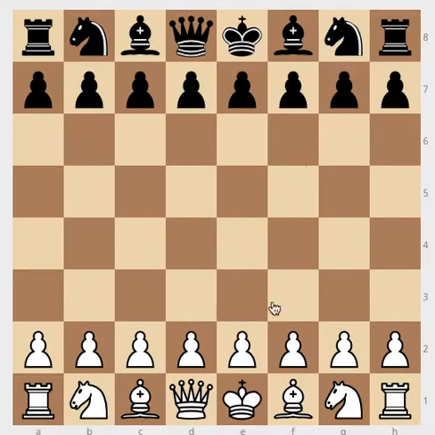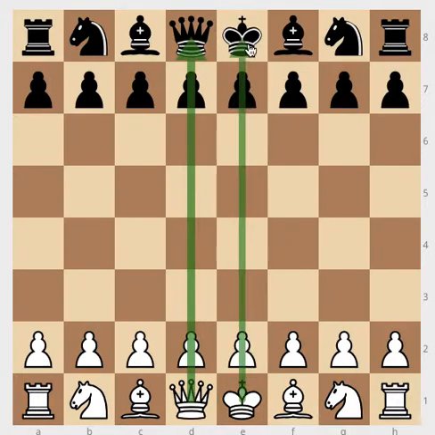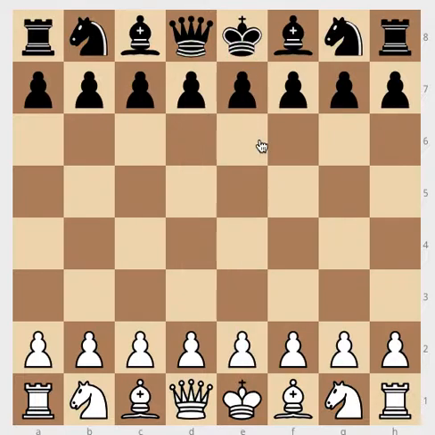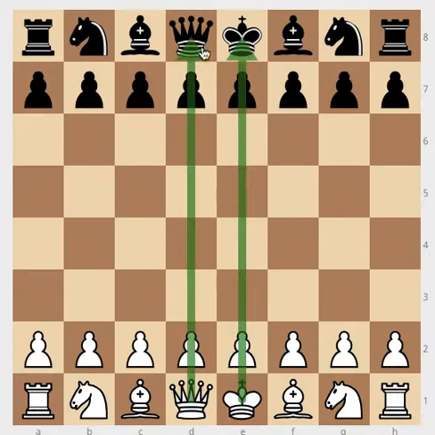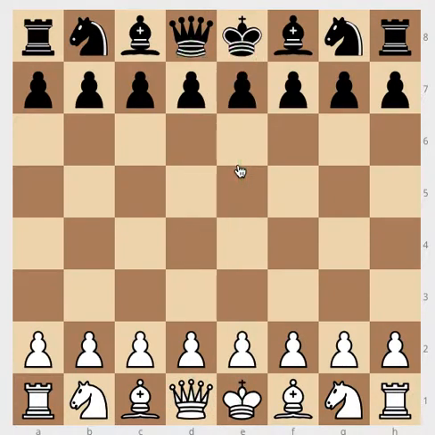The kings are always on E, the queen is on D. The files that the king and queen are on, E and D, are known as central files, and each square on E and D is a central square.